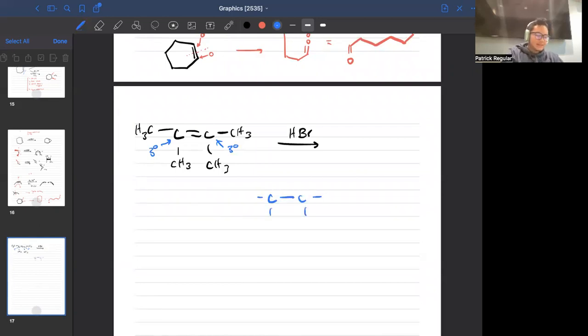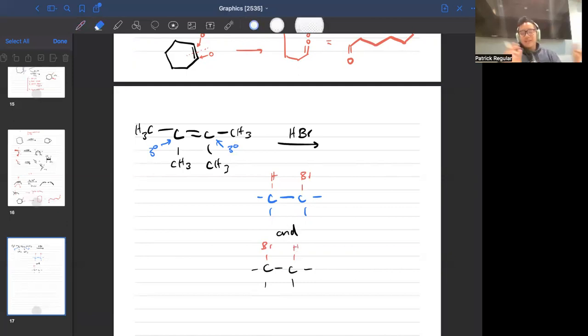I'm just going to leave them as lines, make it easier. H. So like these blue lines, they're connected to the methyl groups. H, Br, Br, H. You just have to focus that, okay, the bridgehead carbons are both tertiary.